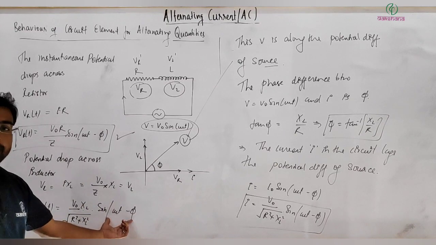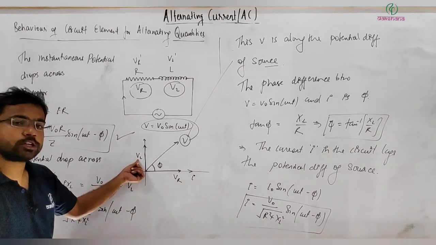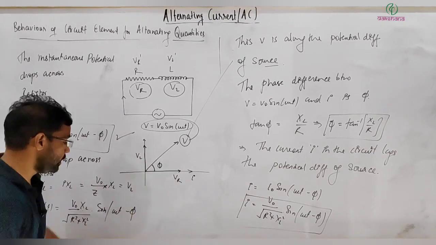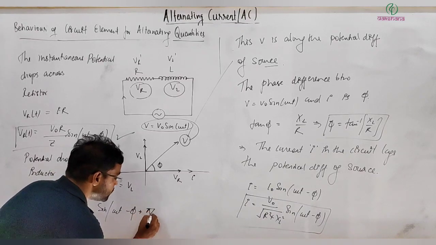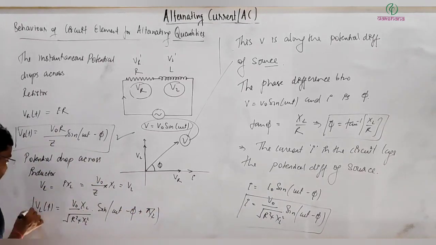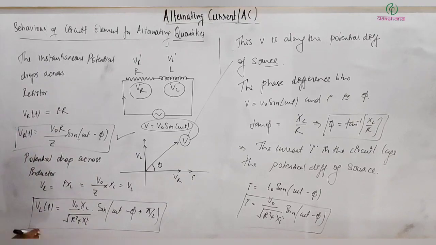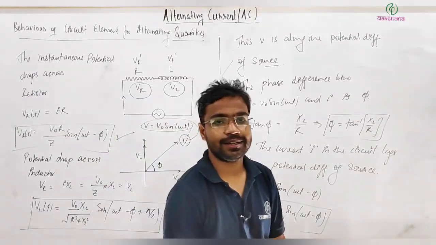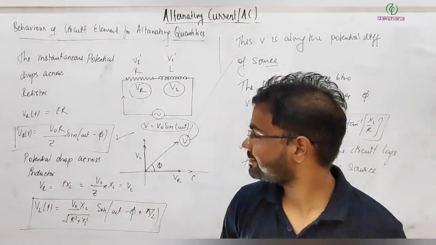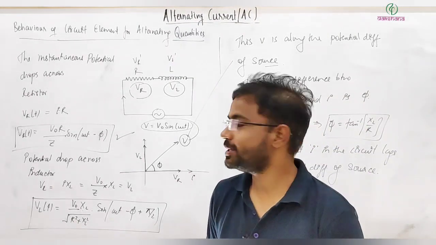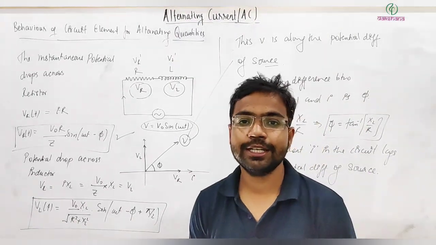This is the phase of the current, but the voltage across the inductor must be leading the current by an angle of pi by 2. So this will be your net potential drop across the inductor. I hope you will remember the points. There are a lot of things here that you need to keep in mind.